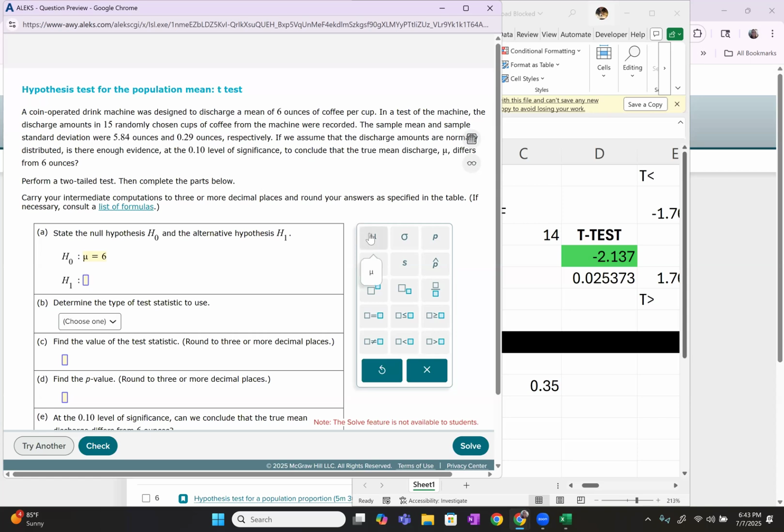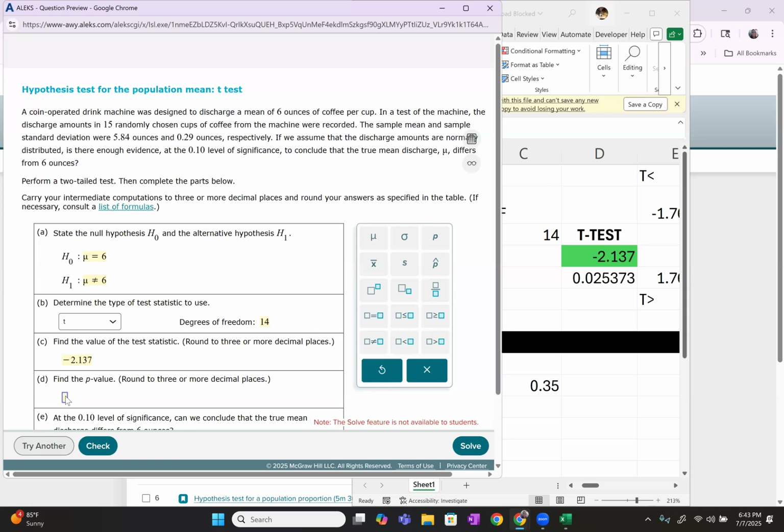So mu is not equal to 6. And obviously this is a t-test. With how many degrees of freedom? 14 degrees of freedom. And the value of the test statistic? Negative 2.137.